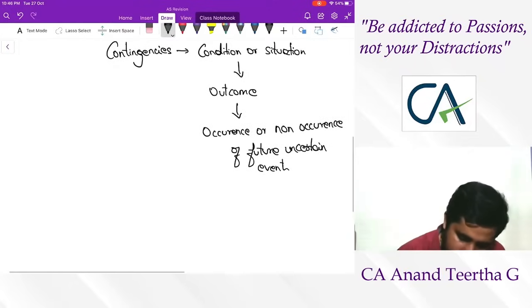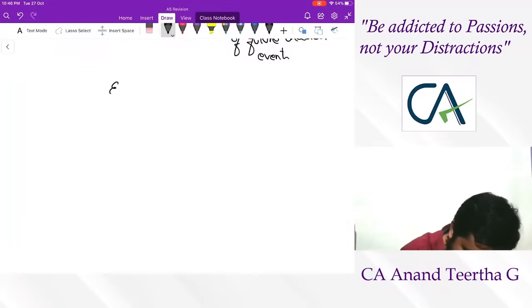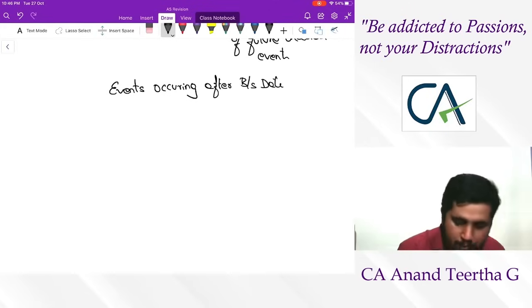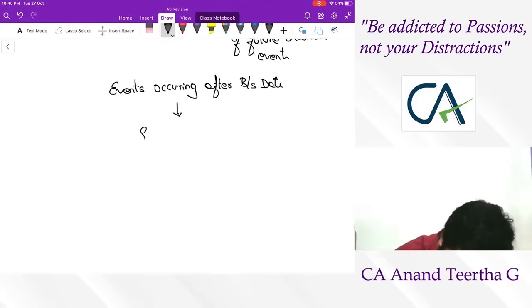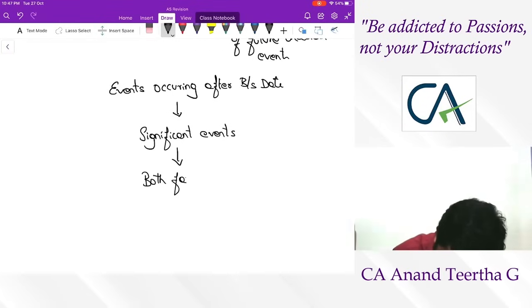The next part, what do we mean by events occurring after the balance sheet date? Important one. This is the coverage of AS4. If any event occurs after the balance sheet date, only those are covered by AS4. So first, for the coverage purpose, you have to see whether it is an event occurring after the balance sheet date. These are significant events, and they can be both favorable and unfavorable.